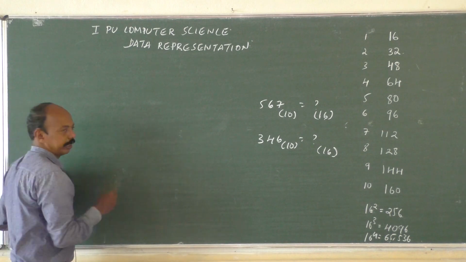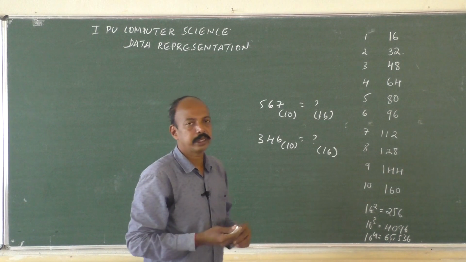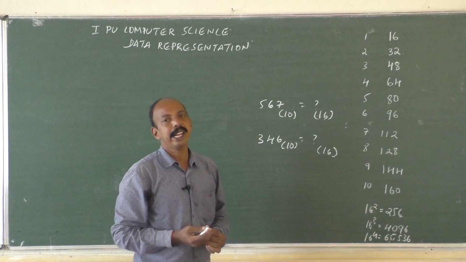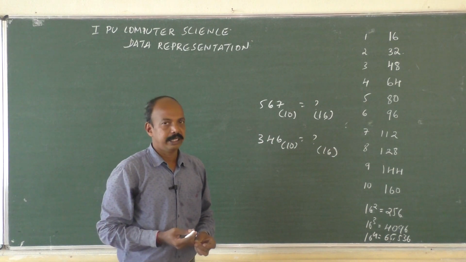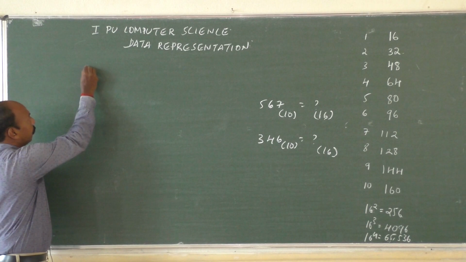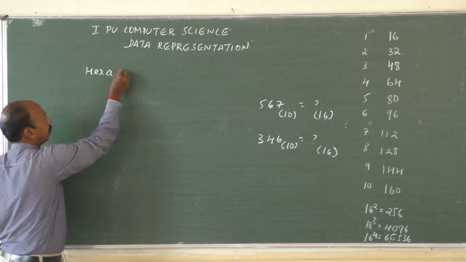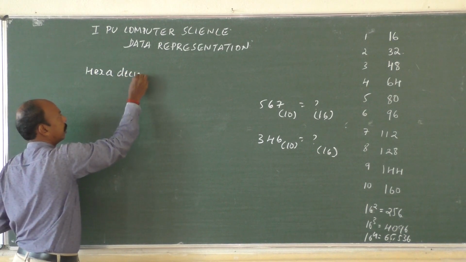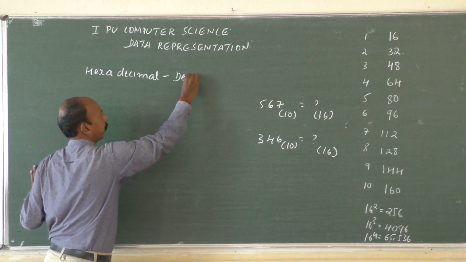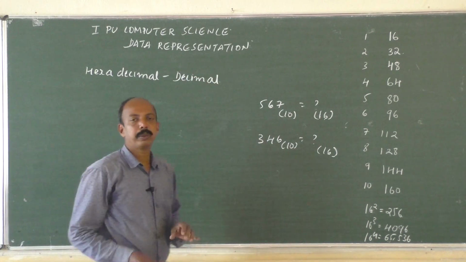Just now we had written a value 202 which was converted to hexa, where we got CA to the base 16, right? So while converting from hexadecimal to decimal, what we have to do?